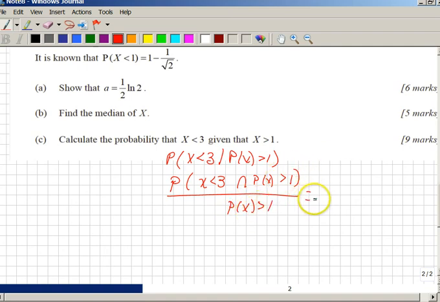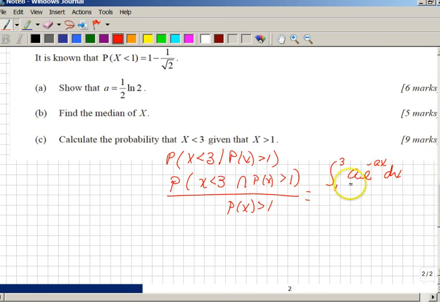The probability x is less than 3 and x is greater than 1 would be the integral between 1 and 3. That's greater than 1 and less than 3, or less than 3 and greater than 1. Same thing. So we're going to integrate the probability density function, and again I'm just going to use the a within it to keep it a little neater. It's easier to deal with without putting the a value in until the very end.